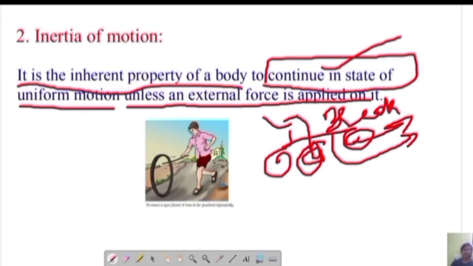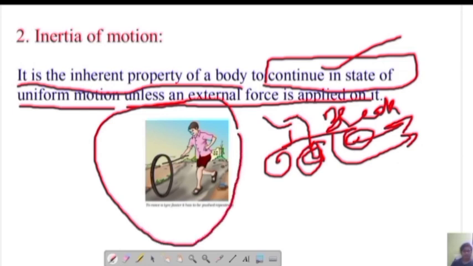Is it clear? Even when you were small, you might have played this game in your childhood. In this way, by putting a certain force, you keep beating the wheel so that the wheel moves. Though you stop beating the wheel, though you stop putting force on the wheel, still the wheel will be moving.